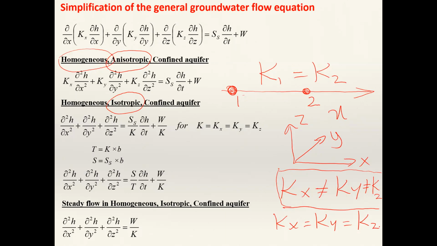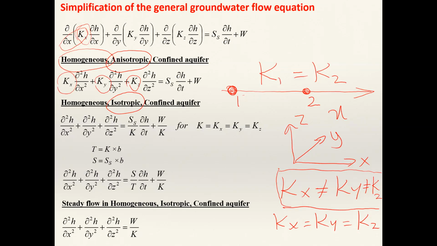Right? So now you see, if it is a homogeneous aquifer, what can we tell? Along the x direction, hydraulic conductivity does not change. So hydraulic conductivity can be considered a constant, and you can take it out of the partial differential equation. That is why hydraulic conductivity comes out here now. It is a constant. This is also constant, right?